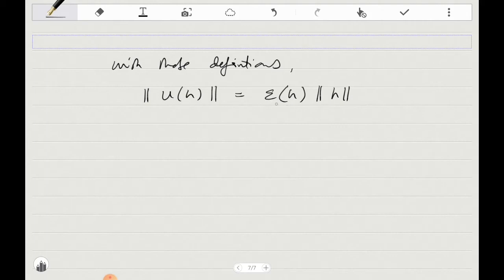And v of k equals eta of k times norm k, where epsilon of h goes to 0 as h goes to 0, and eta of k goes to 0 as k goes to 0.